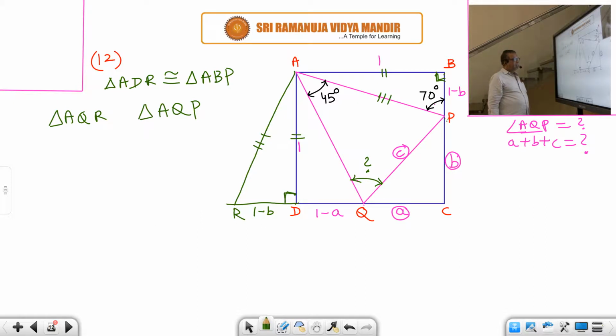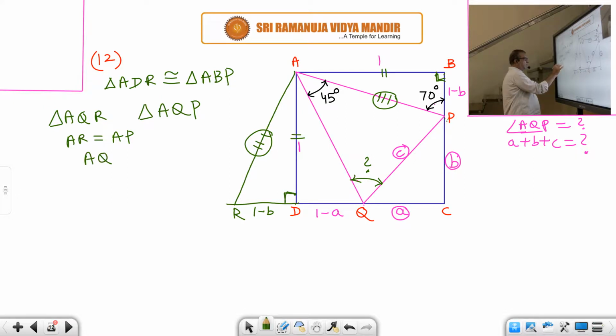In these two triangles, two sides are already equal: AR is equal to AP. And AQ is common side for both the triangles. And one more thing, the angle between AR and AP is 45, which I will prove.